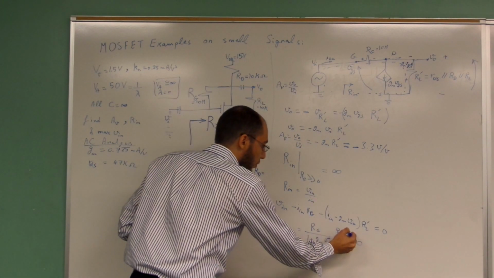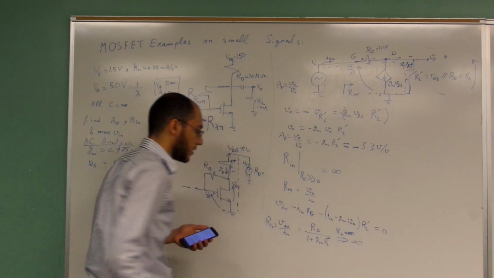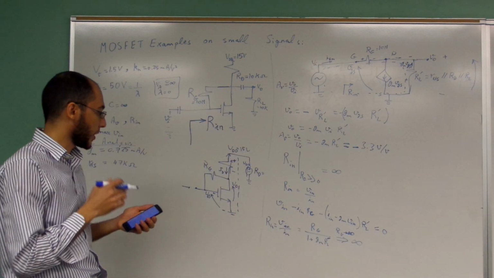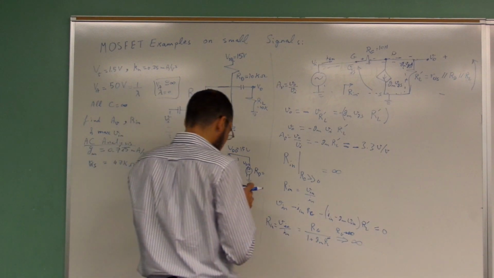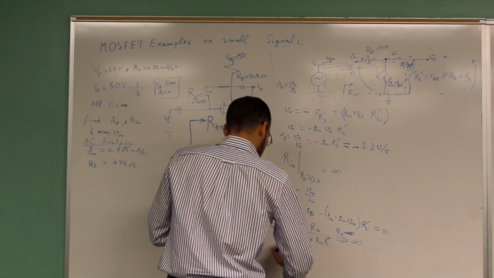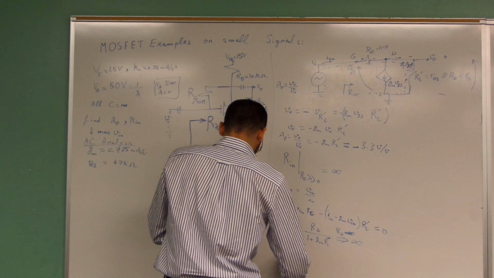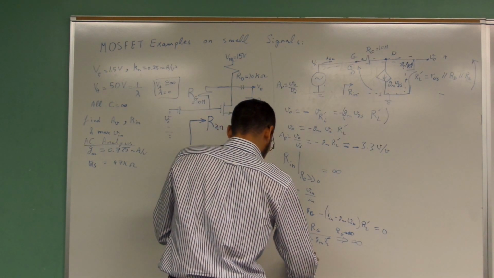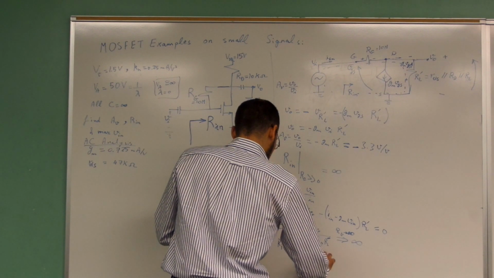When RG is very large, then you expect that this value will go to infinity. What is this value? You can substitute by yourself by the values, which is equal to R input is equal to 2.33 mega ohms.